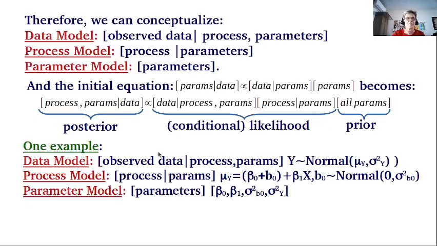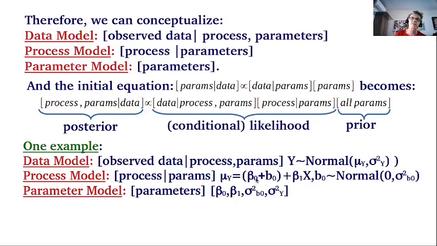Let's assume that the data model, the observed data given the process and parameters, is that the response variable follows a normal distribution. This normal distribution has two parameters, the mean and the variance. The process model is the relationship between the mean of the response variable and, for instance, a given numerical explanatory variable.